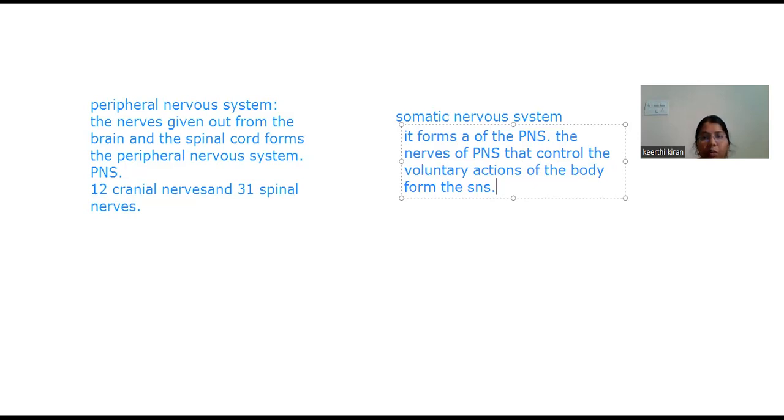All the nerves coming from the PNS that control voluntary actions are controlled by this somatic nervous system.